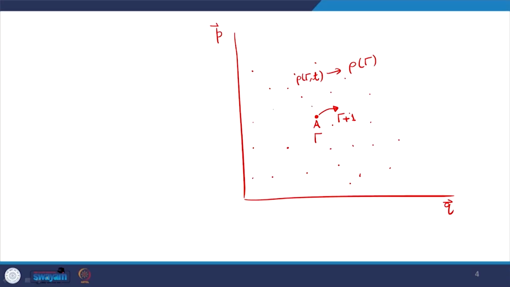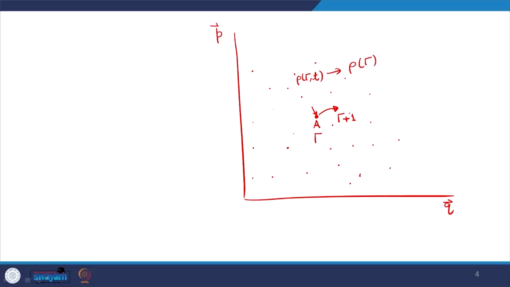Now, this particular phase space point A will in some sense get empty, because we have moved from gamma to gamma plus 1. But since the fluid is incompressible and since the probability density is stationary, something else needs to come to this particular point from gamma minus 1, that is a past state, right.